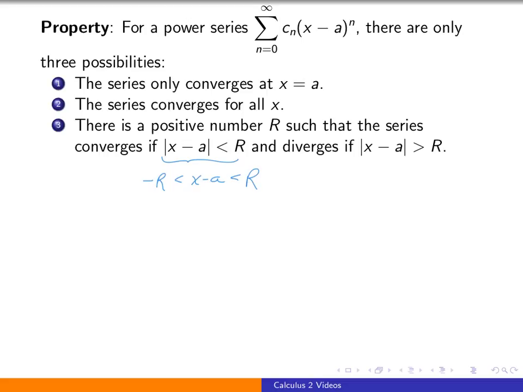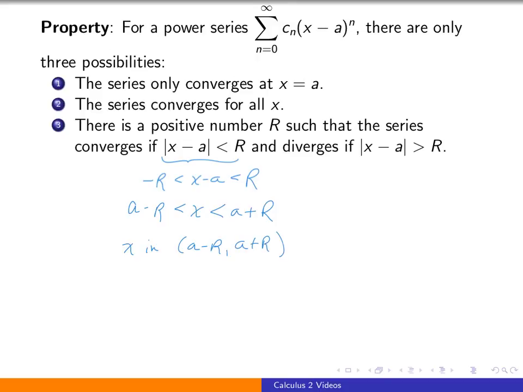And we can add a to each part of this inequality to write it as a minus r is less than x is less than a plus r. And this is really describing for us an interval. It's telling us that x is in the interval going from a minus r to a plus r.